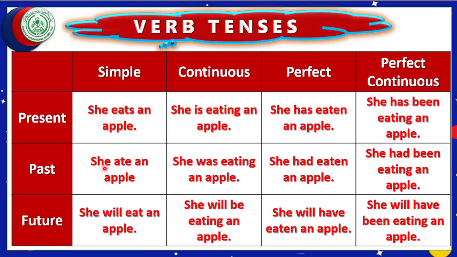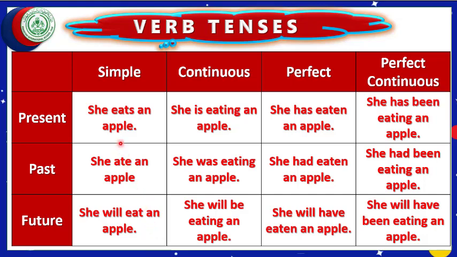In this table, the facility is that you can memorize it in any way. From present simple to present perfect continuous, from left to right, or from up to down, as you like, you can learn it. This is to memorize, to get guidelines about our tenses in our future.